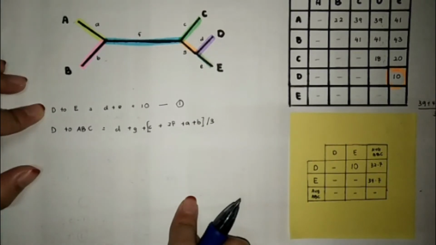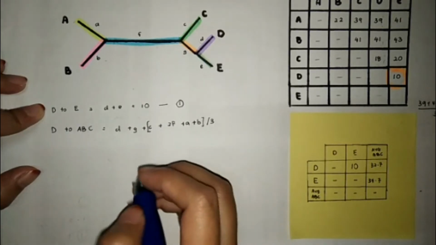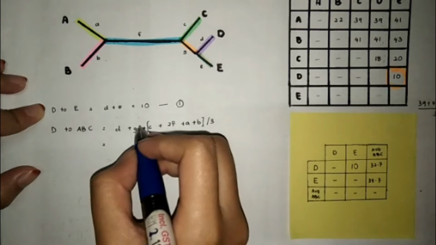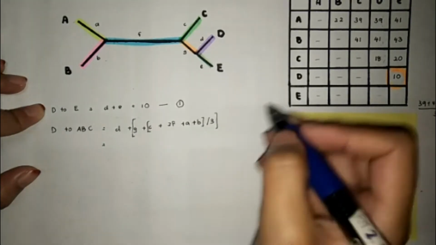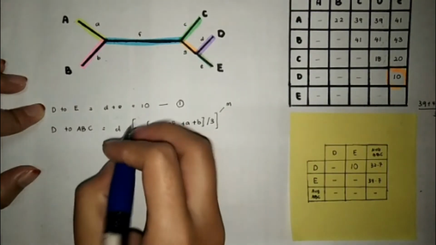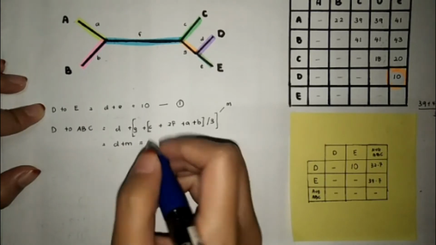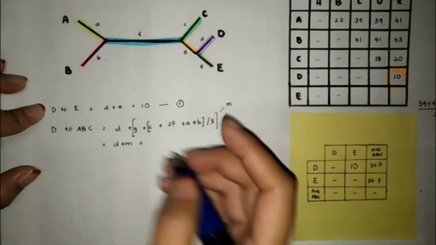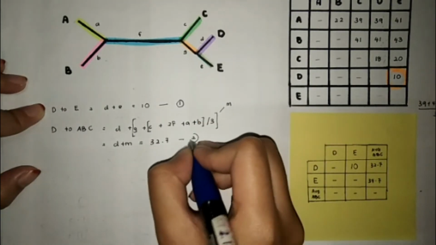To make this equation look simpler, we can denote it by substituting it as m. So we will get d plus m equal to, from our calculation in our table, 32.7. So this will be our equation 2.